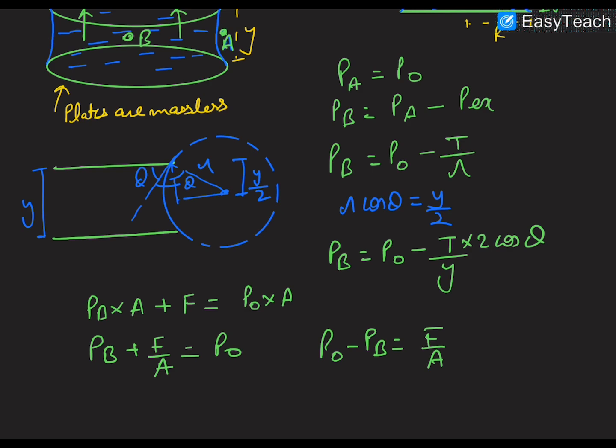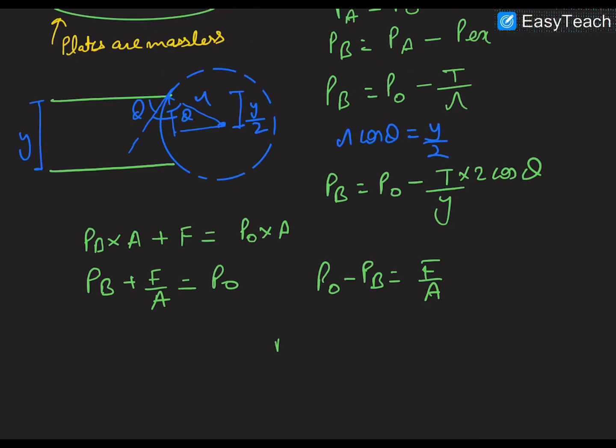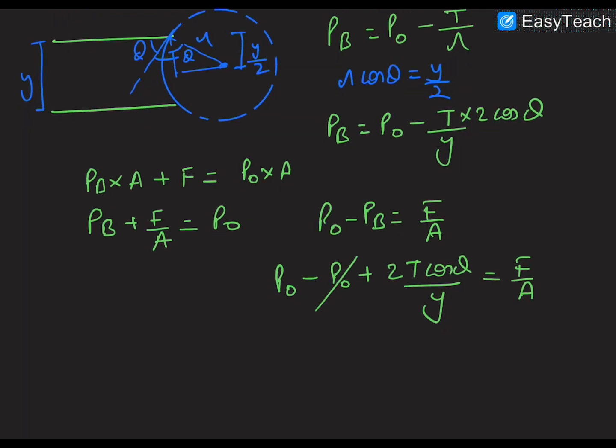So P naught minus PB: P naught is P naught, PB is P naught minus 2T cos theta by y, so this gives plus 2T cos theta by y, and this is equal to F by A. Cancelling P naught with P naught, F will be equal to 2T cos theta into area, which is pi r square, by y.